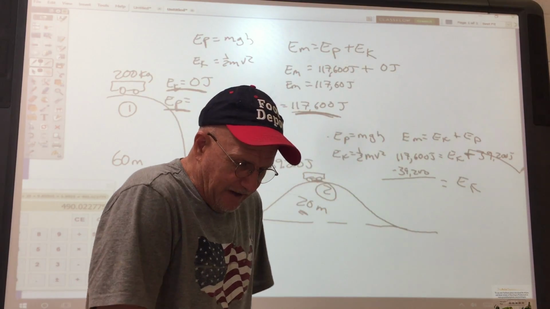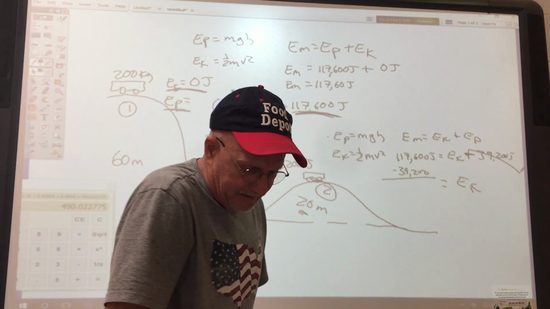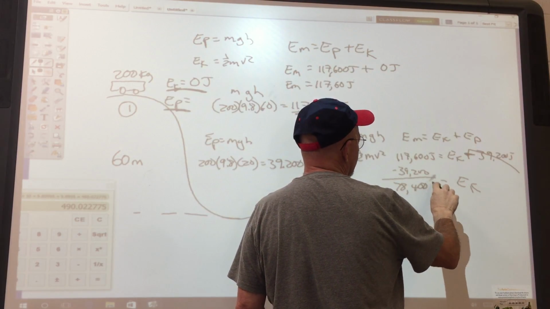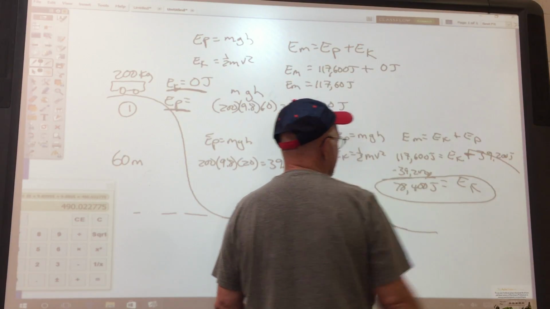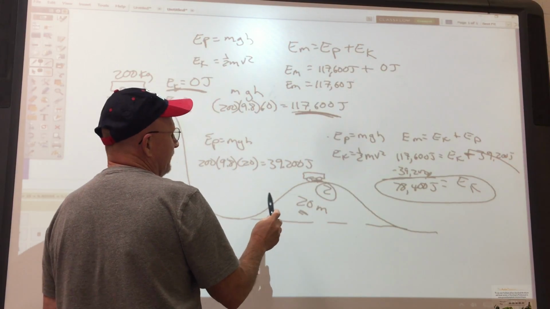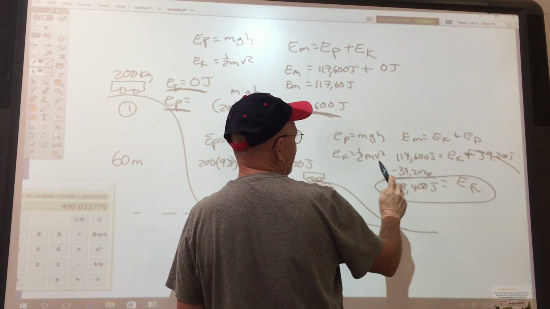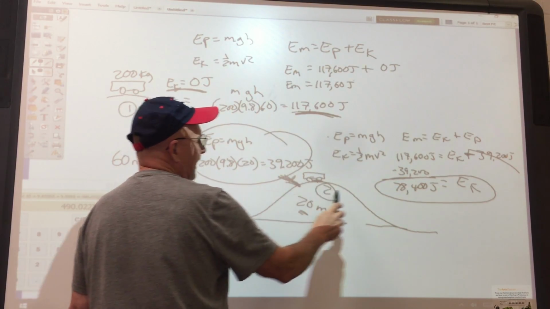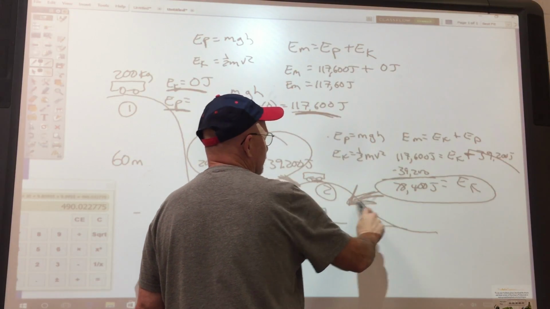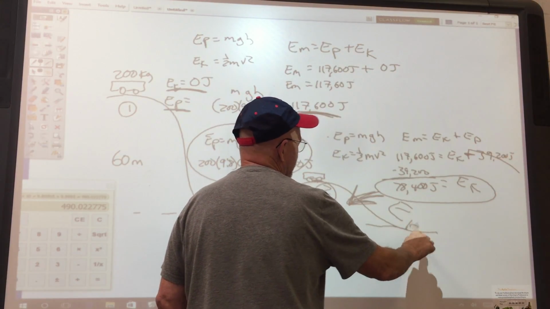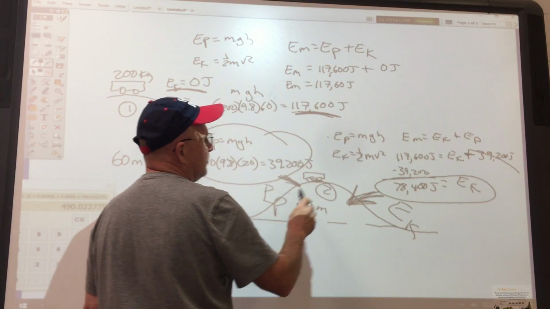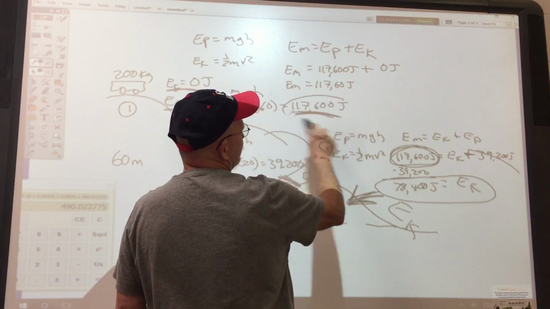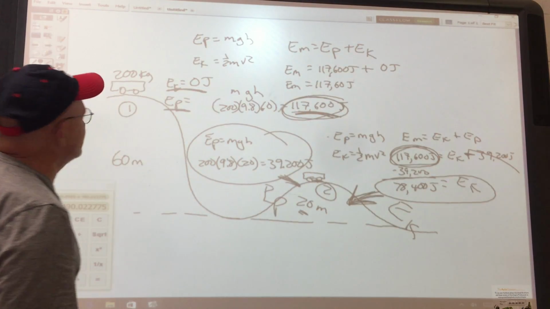When I do that, I'll find out that my EK is 78,400 joules. So now I know the EP and the EK at this point, and the reason I know these is because I know the EM stays the same through the whole system. It always stays the same.